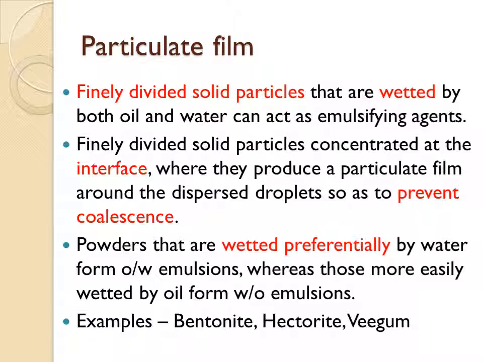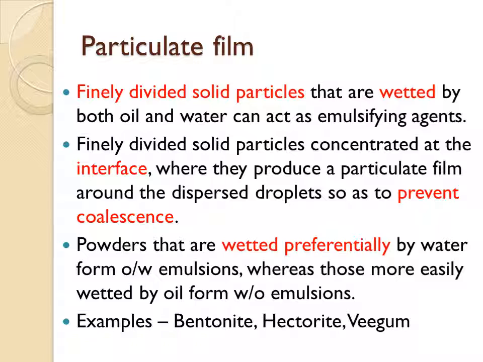In the complex film, we use a combination of a hydrophilic emulsifying agent and a hydrophobic emulsifying agent. We mix these two types in particular proportions, and these proportions give more stability to the interface. Ultimately, we get more stable emulsions.